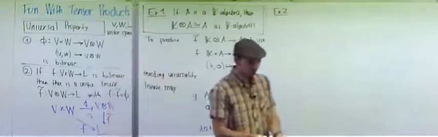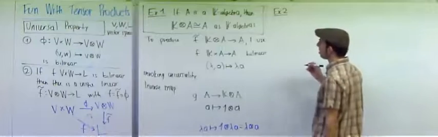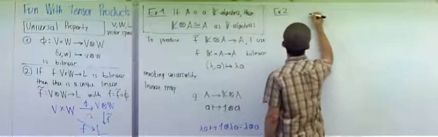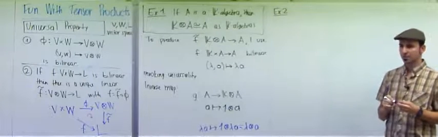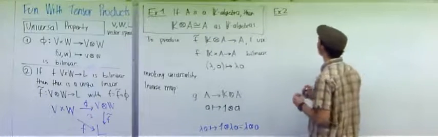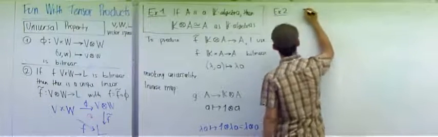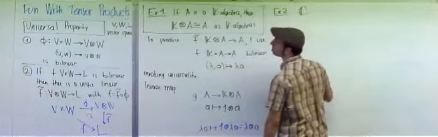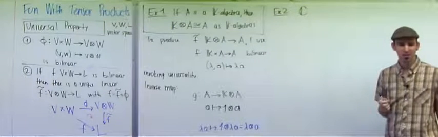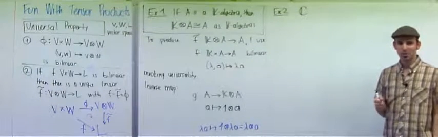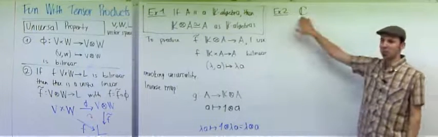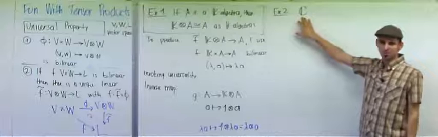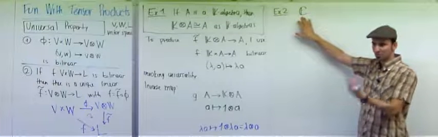Let's do another example, a little bit more interesting. I'm going to tensor two R algebras, two real algebras. One of them is the complex numbers. Is that a real algebra? Well, you need to check that it's an R vector space and a ring. Are the complex numbers a vector space over R? Yes. What's a basis? 1 and i.